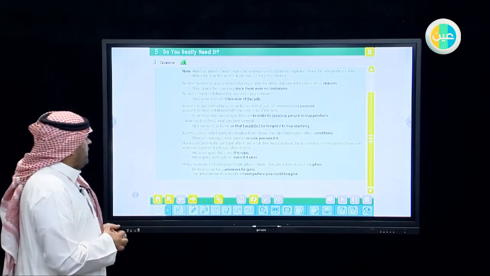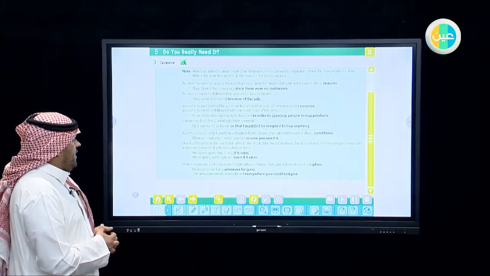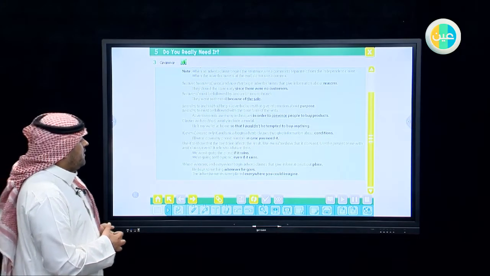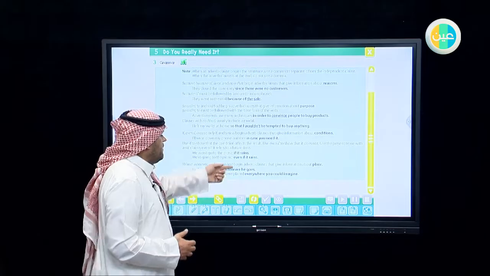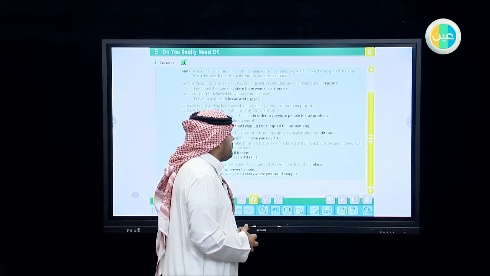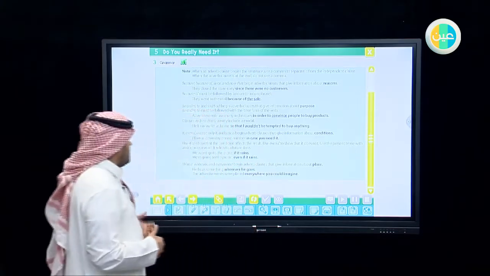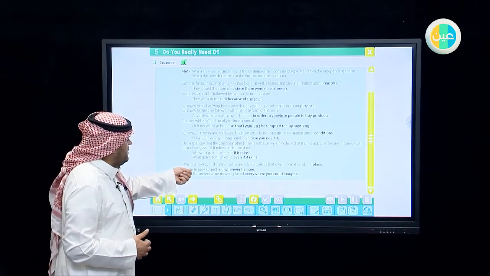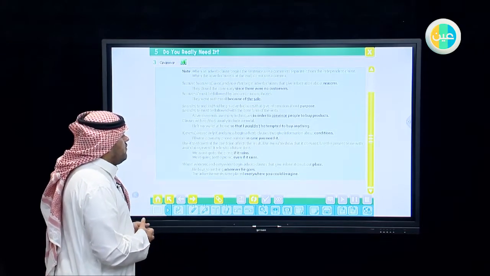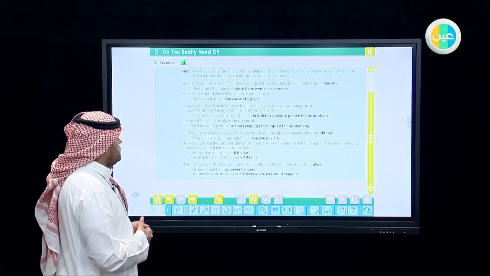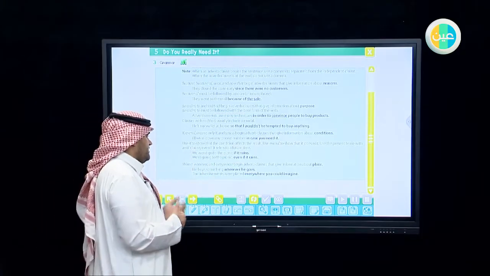The last one, wherever and everywhere, these are adverbs. They begin adverb clauses that give information about place. It gives information about the place, like we see here. He buys something wherever he goes. Wherever he goes, he buys something.